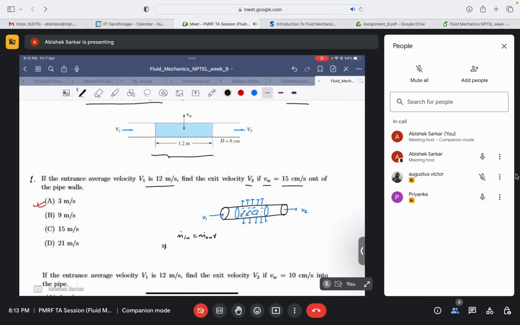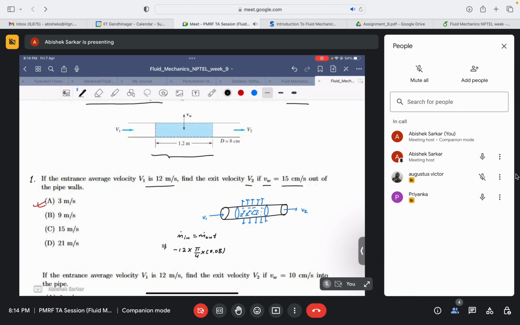So what is m dot in? M dot in is minus 12 into area, pi d square by 4. Are you sure about the minus sign here?